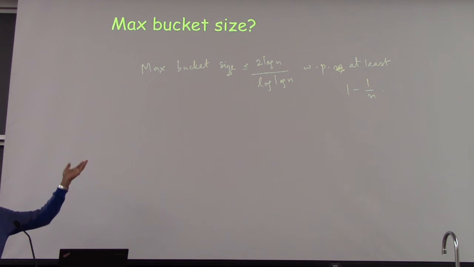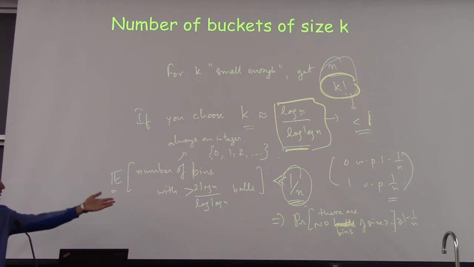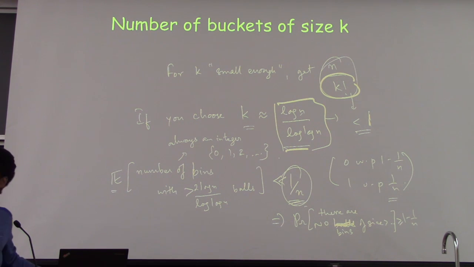So that's what this implies, right? Because if there are no buckets of size more than this, then the max bucket size is smaller than or equal to this, and that happens with very high probability. This is the common way you argue about this kind of max bucket size.